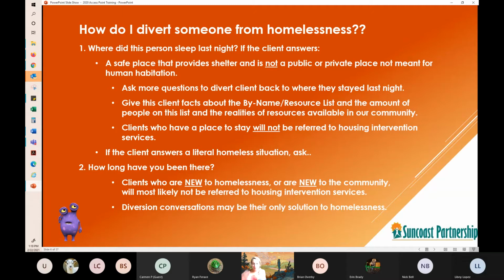Everybody else, we have to figure out very creative solutions for, whether that be with vouchers or bus tickets back home, or even returning to mom's house, whatever the situation may be. But having that honest conversation will help the client, especially if they are coming from out of town or are newly homeless.